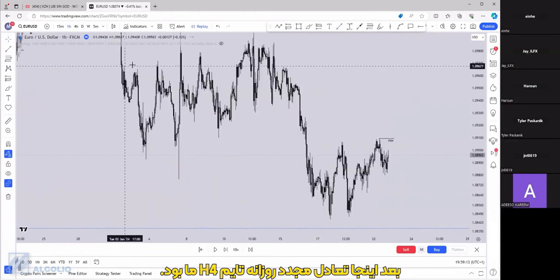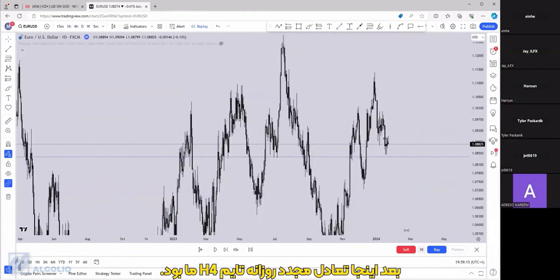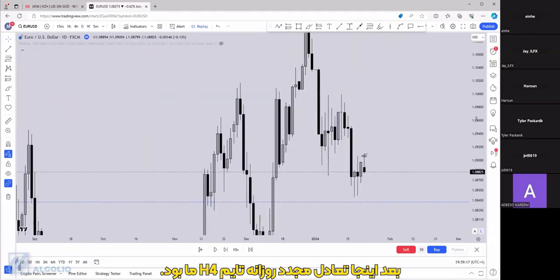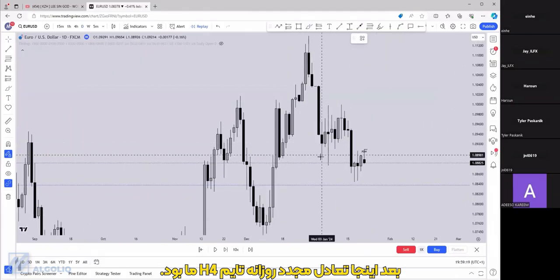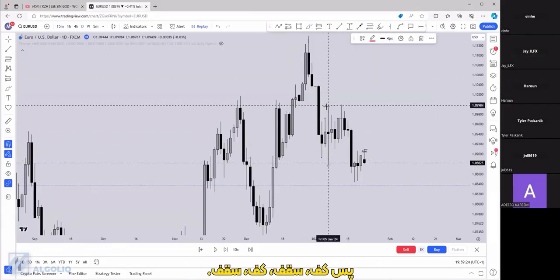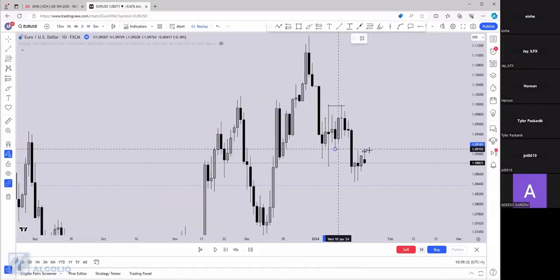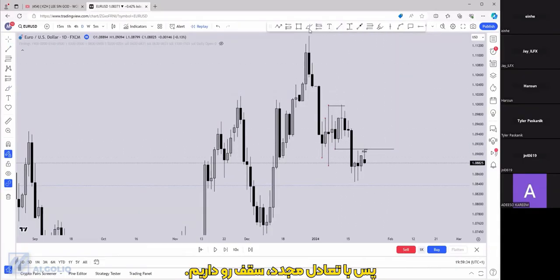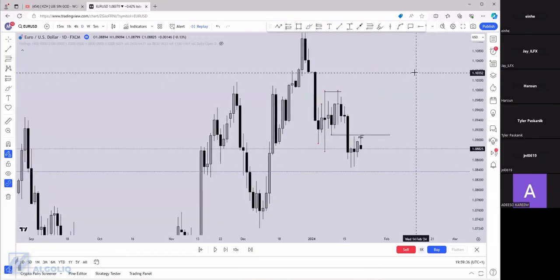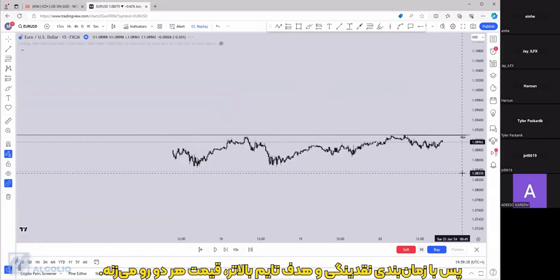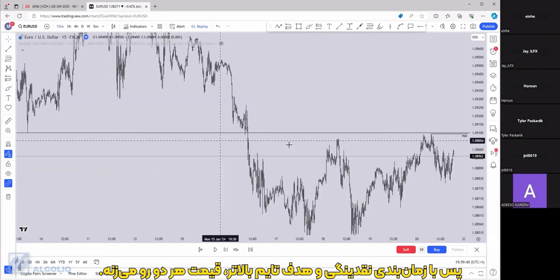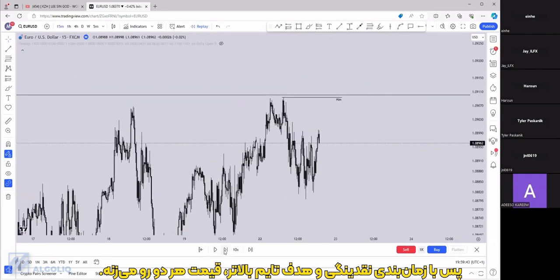Then this was our H4 daily rebalance. So low, high. Then we broke this high, which would confirm this low. So we have rebalance. It's the high. So we have timing liquidity and higher time frame objective. Price takes both out.